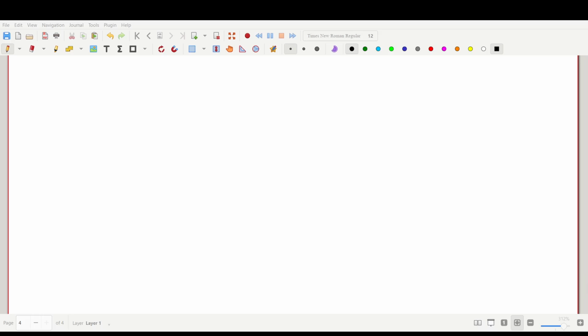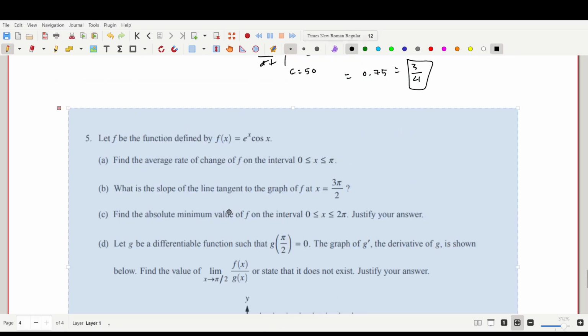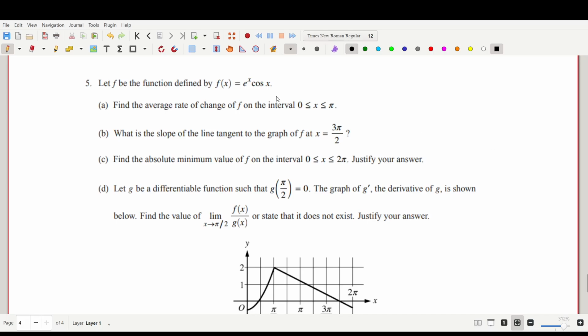All right, next one. Number 5. Let f be the function defined by f of x equals e to the x cosine x. On the average rate of change on 0 to pi, well, that's pretty easy. That's going to be f of pi minus f of 0 over pi minus 0.